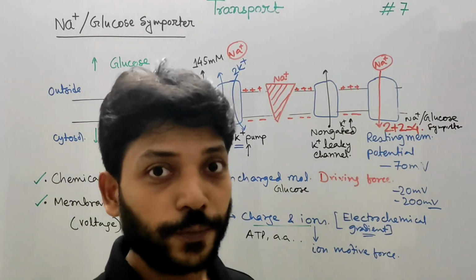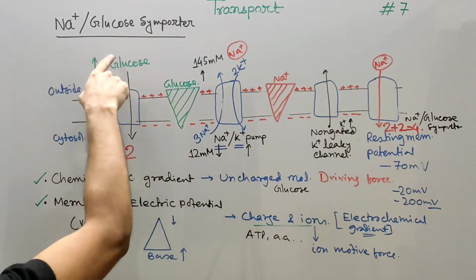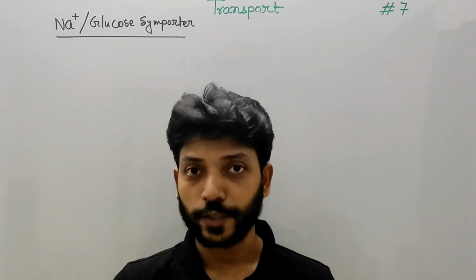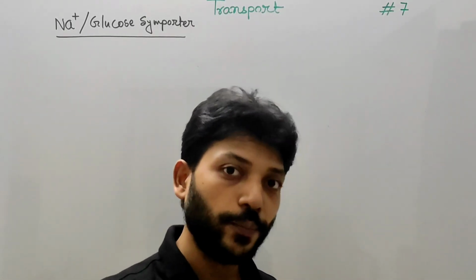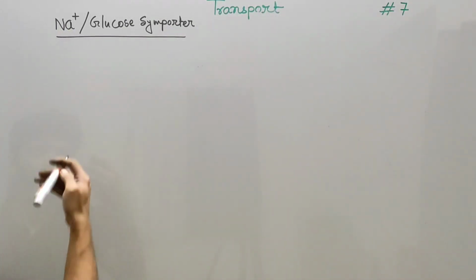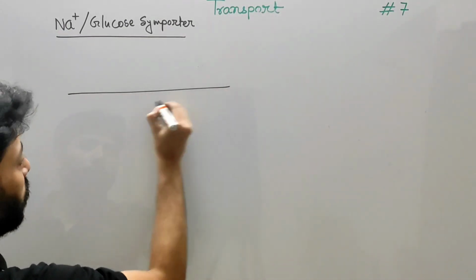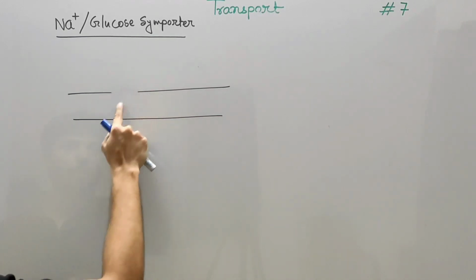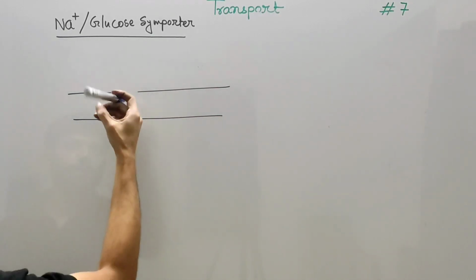So now let's talk about how this sodium and glucose Symporter works. As I have mentioned, most of the cells that import glucose express one transport protein called uniporter GLUT proteins.